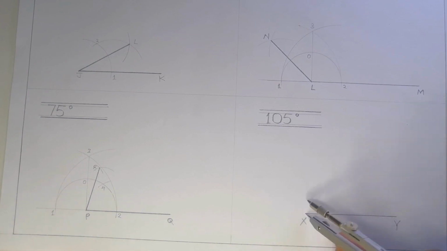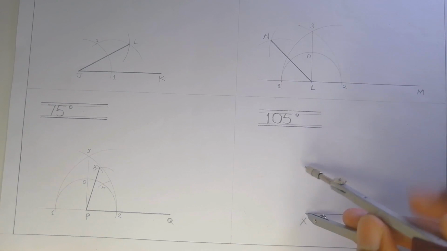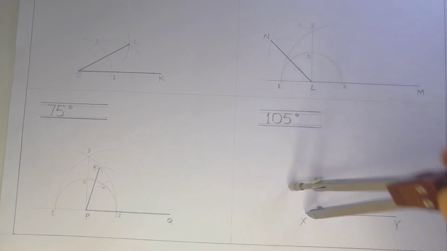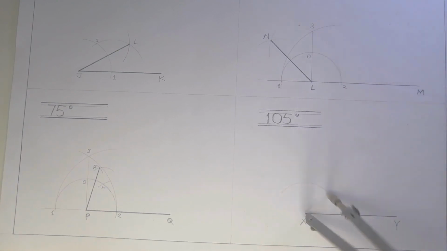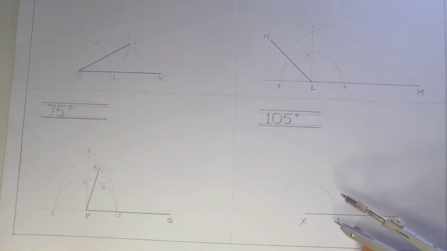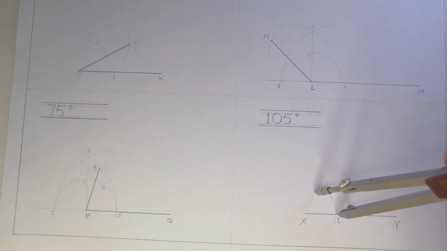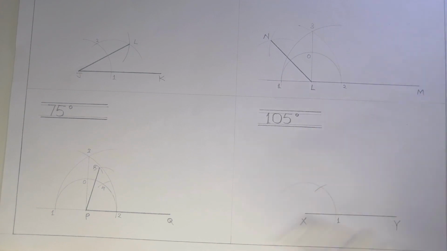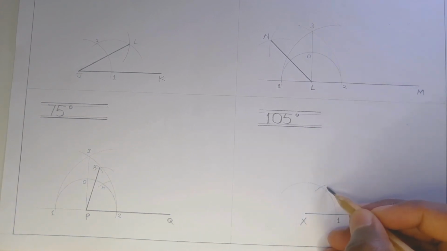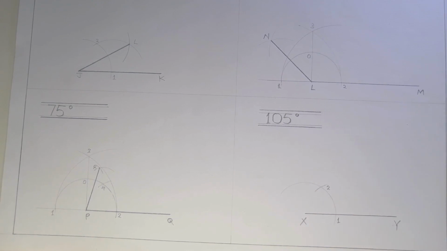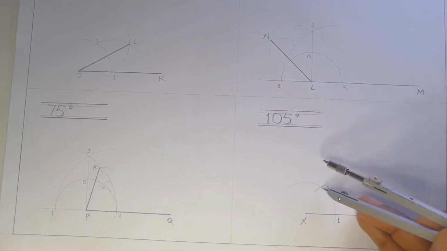So I'll stand at that point X. I'll draw an arc. After drawing that arc, I'll have a point 1. I stand at point 1. I draw an arc on that same arc I was just drawing. Then I'm going to have point 2. That point 2 is 60 degrees.